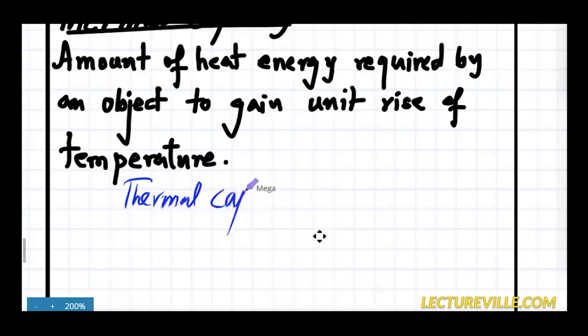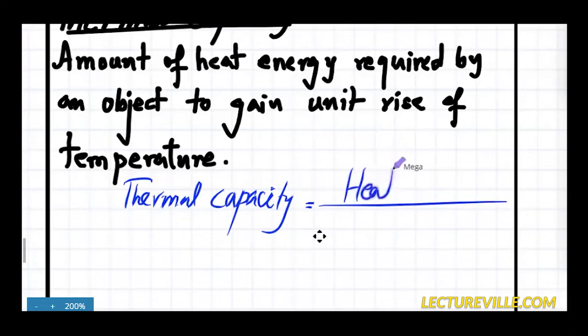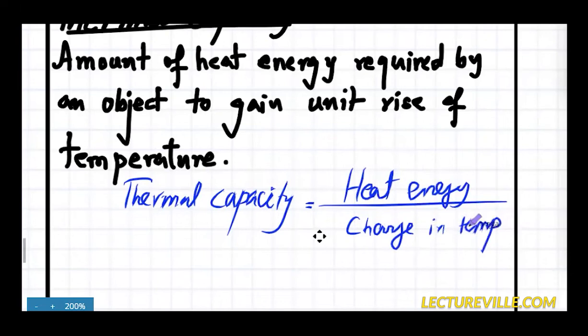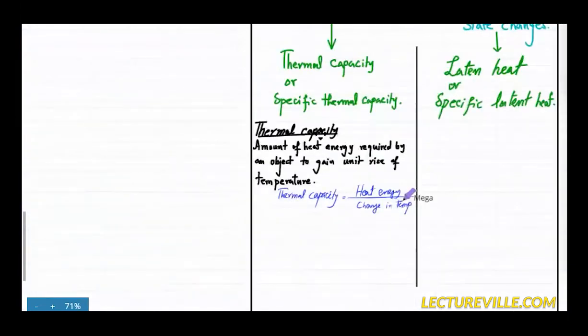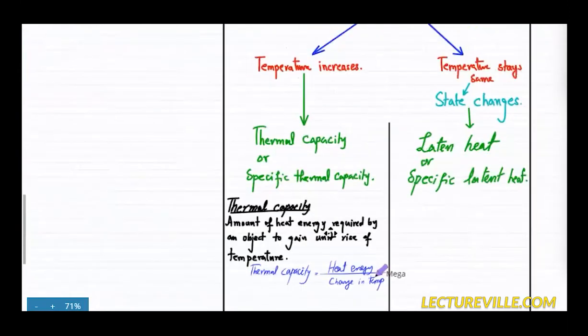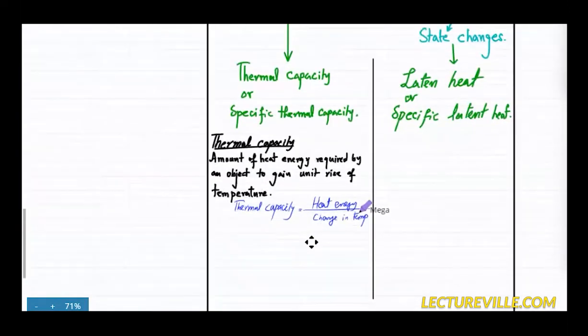Thermal capacity is heat energy divided by change in temperature. Because remember, this is only done when temperature changes. If temperature changes, then thermal capacity comes in.